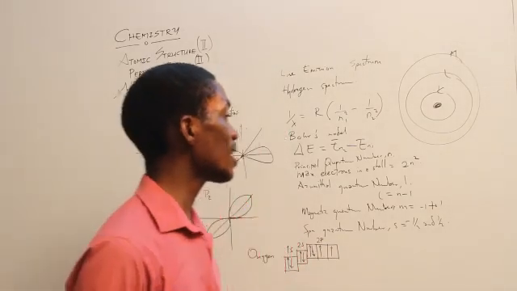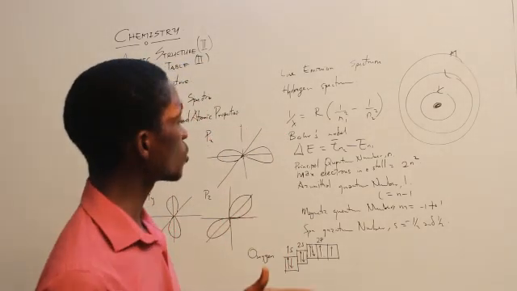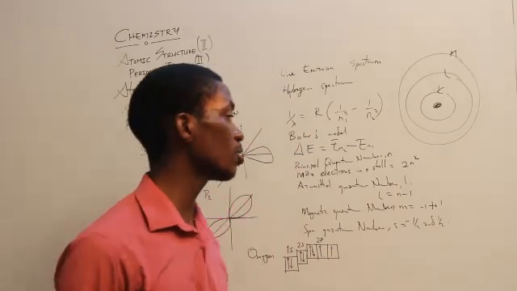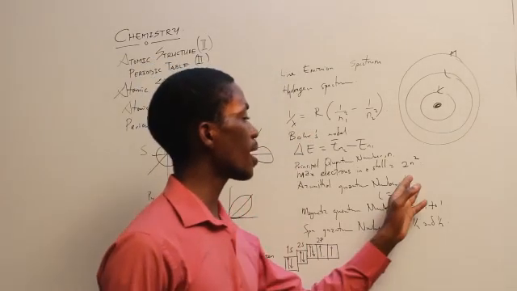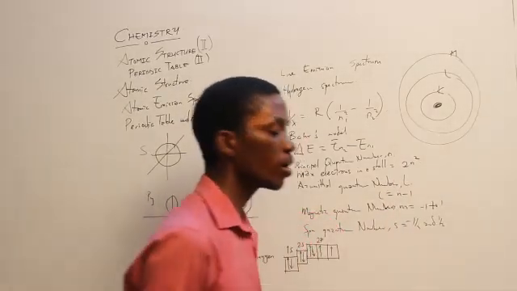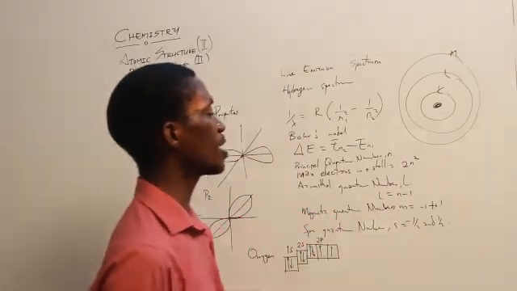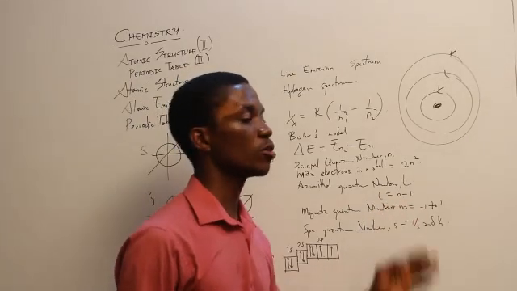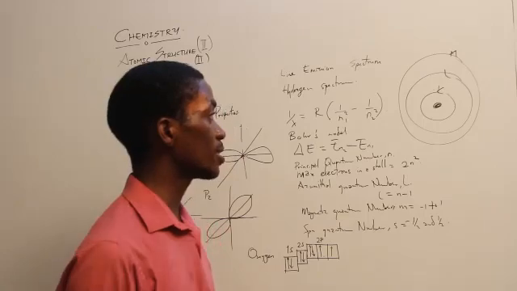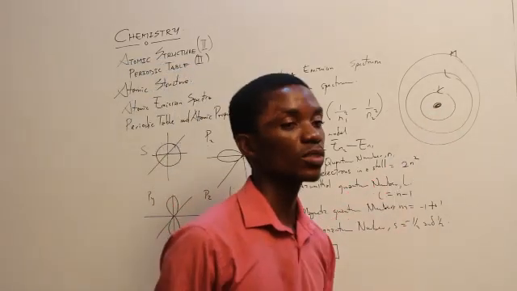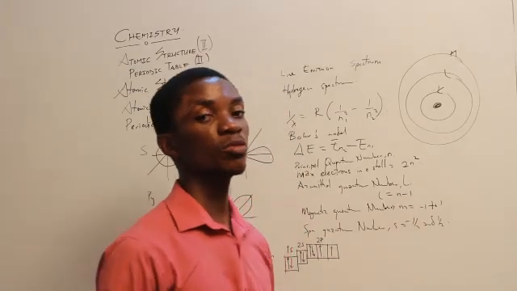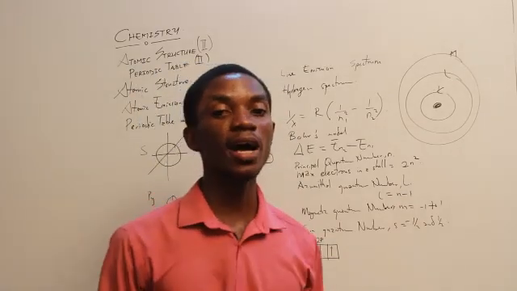We represent it with the letter small l, and small l can be calculated by n minus 1. The first shell only has 2 electrons, so it does not have any azimuths. The electrons move in just one singular plane.